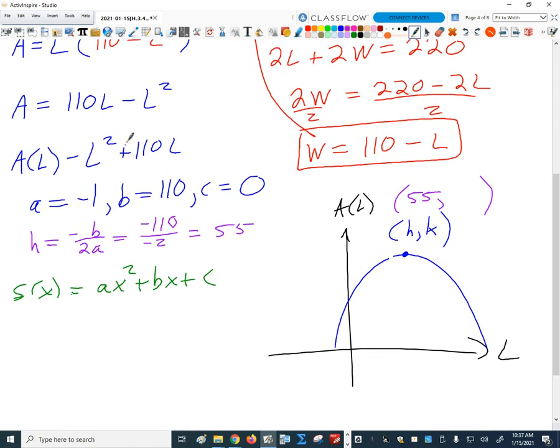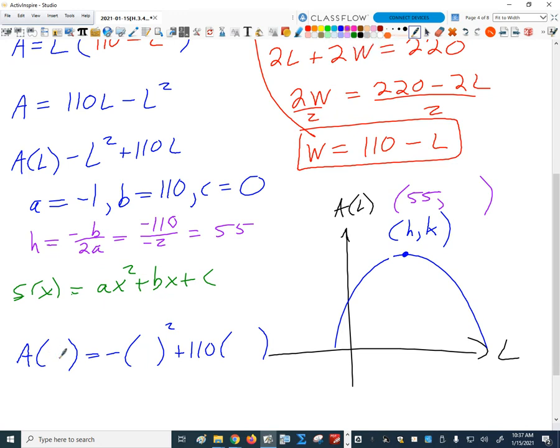There's my function right there, isn't it? So I'm just going to do A of 55. There's my function, right?